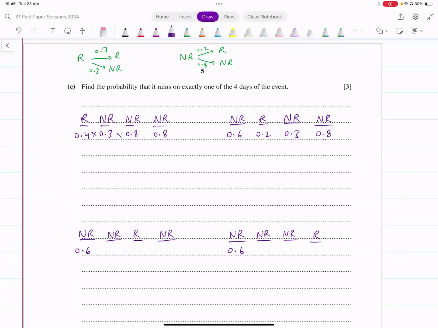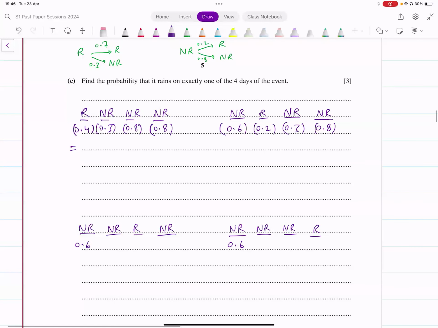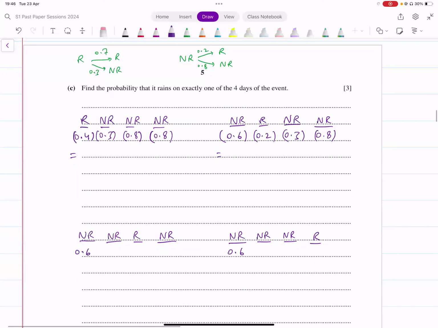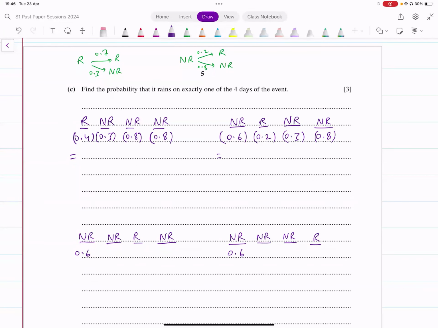We multiply these, and that's going to give you the probabilities in the first two cases. Now, what about the third case? So can somebody please do this calculation for me as well? If it did not rain the first day, what about not raining the second day? 0.8. And then what about raining the next day? 0.2.